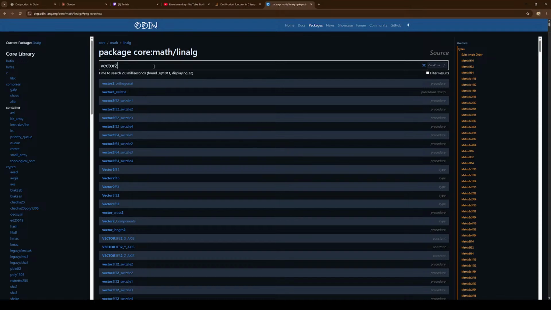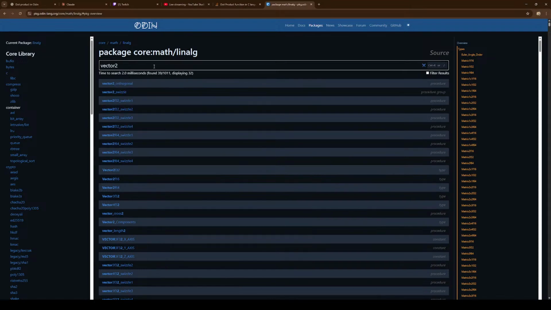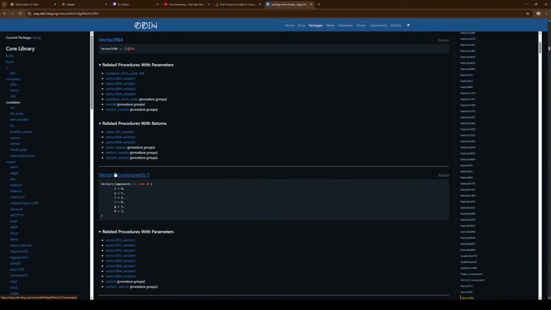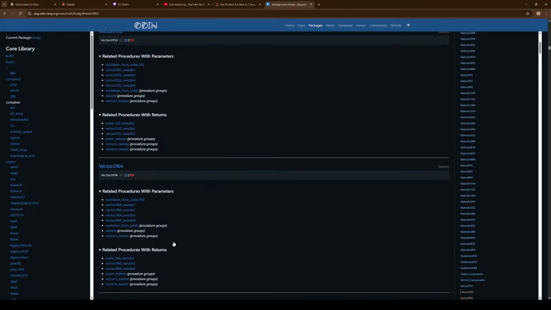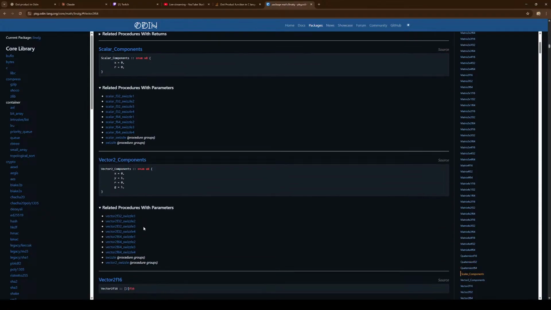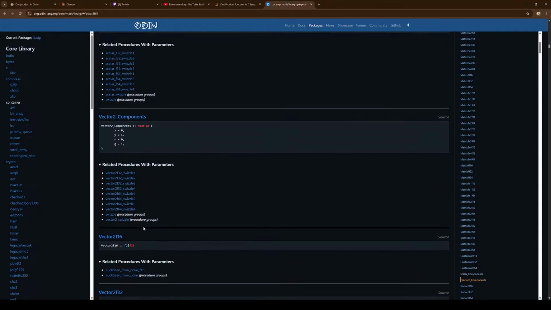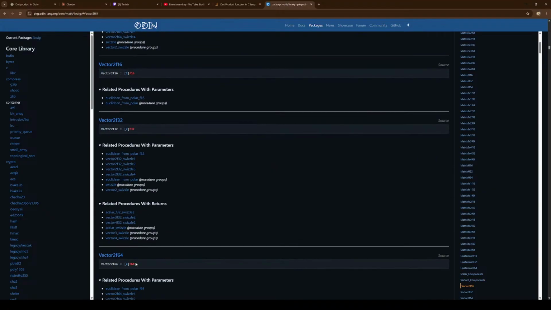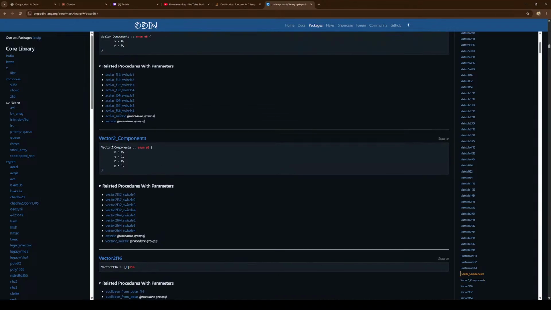Vector 2, vector 2 components, an enum of byte. Huh, interesting. I don't understand this. Is it significant? I wonder.